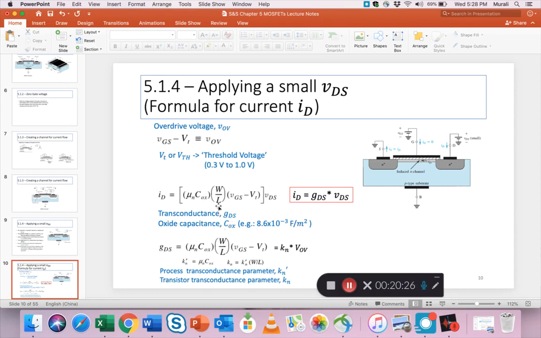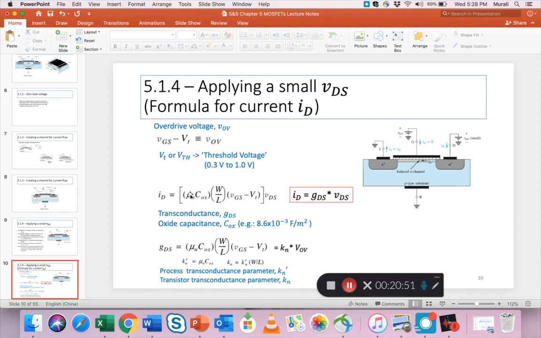Then width by length. We already saw the length of the channel and the width of the semiconductor block. This is called the aspect ratio, W by L, just a physical measurement of the size of this block of silicon. Then we have VGS minus VT, which we also call overdrive voltage, VOV, in the formula.